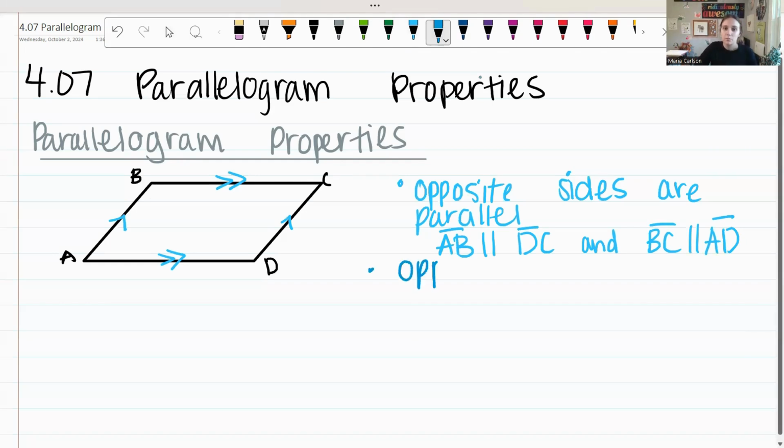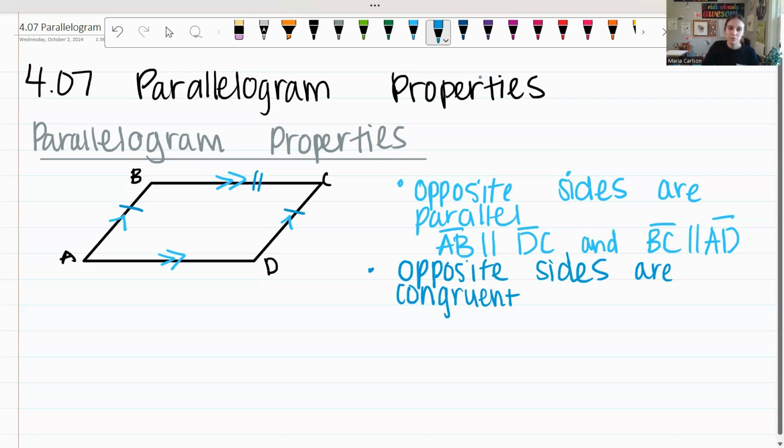Also, in a parallelogram, opposite sides, not only are they parallel, but they are congruent. So AB is congruent to DC, not just parallel, and BC is congruent to AD.